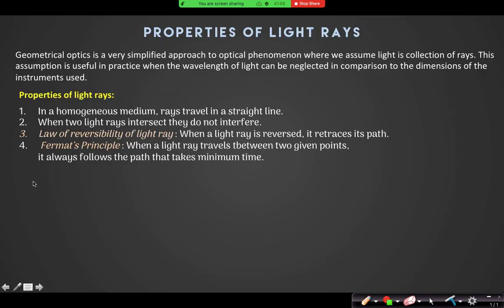So when light is traveling in a straight line like this, and you do not hinder it, you do not change the medium, it will continue that motion in a straight line. But suppose suddenly you change the medium from air to water, then the light will bend its path by a certain amount. So in a homogeneous medium, light always travels in a straight line. This is the first property of light.